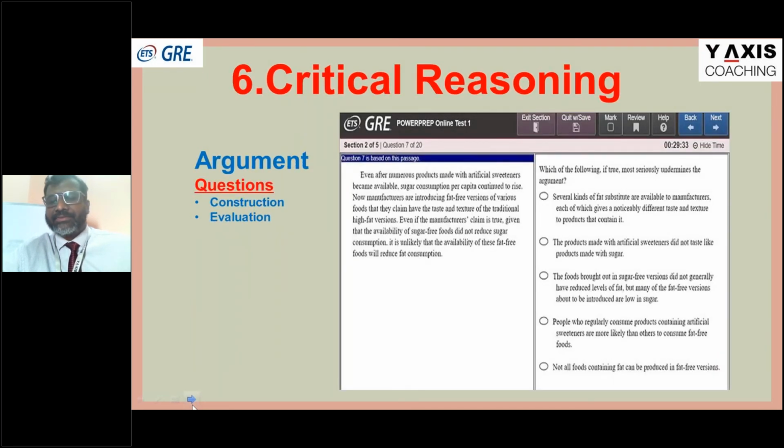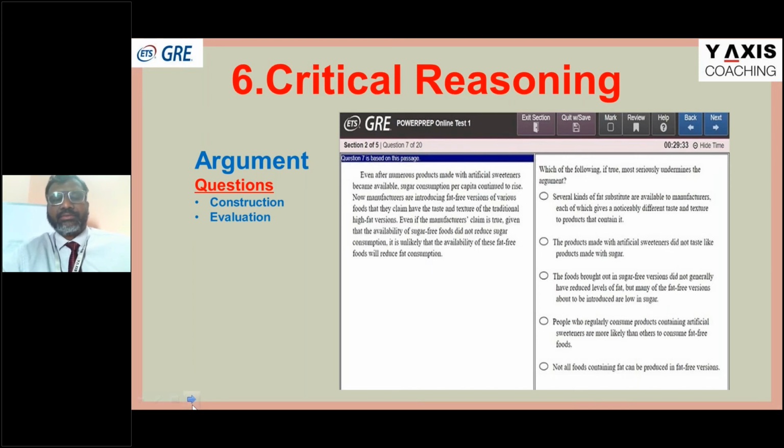Another passage-based question is called critical reasoning. While reading comprehension is about understanding, critical reasoning is about the logical evaluation of the thinking applied by the author.